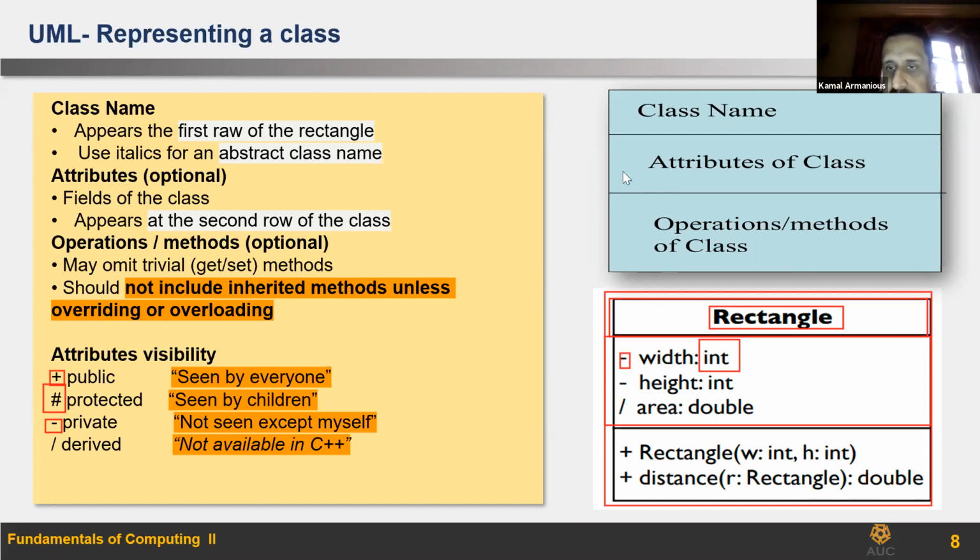So the class, the name of the class, the attributes, and the functions, and you have to write the data types.